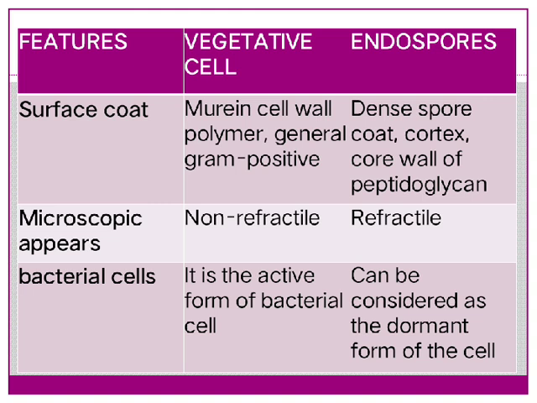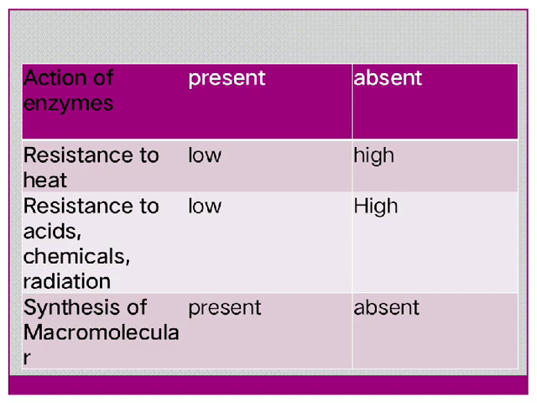Bacterial cells: the vegetative cell is the active form of the bacterial cell, while the endospore can be considered the dormant form of the cell. Action of enzymes: in vegetative cells present, in endospores absent. Resistance to heat: in vegetative cells it is low, and in endospores it is high.